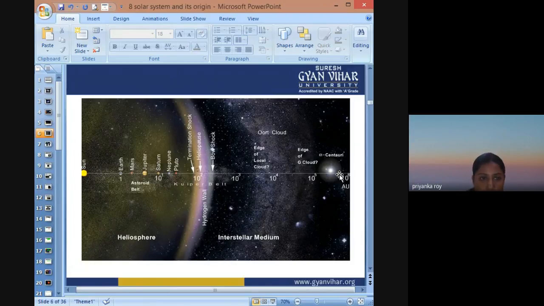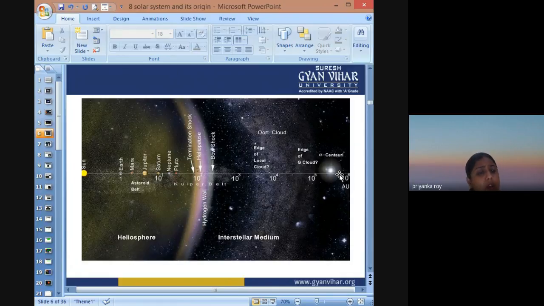Now, let's talk about the formation. Our solar system formed about 4.5 billion years ago from a dense cloud of interstellar gas and dust. The cloud collapsed possibly due to shock waves of a nearby exploding star called a supernova.